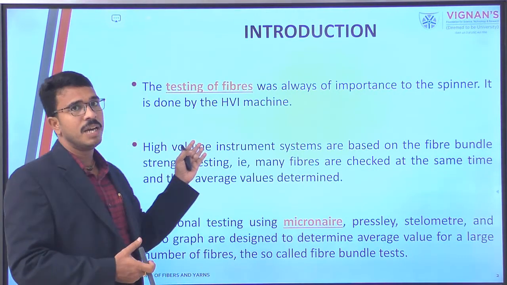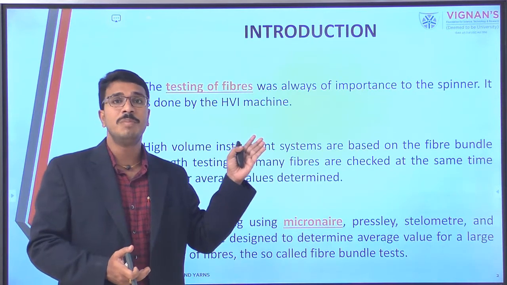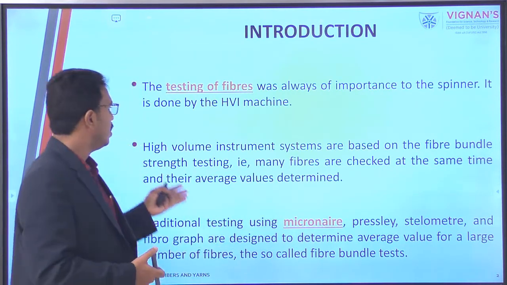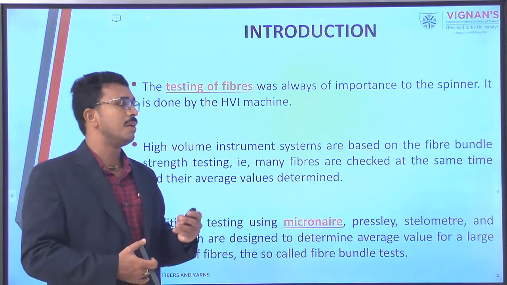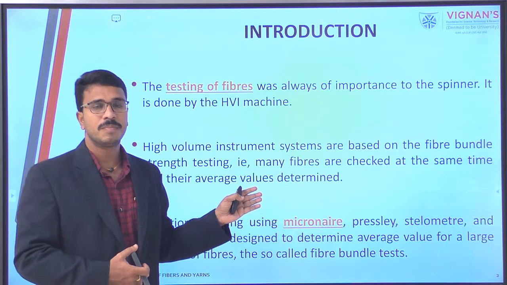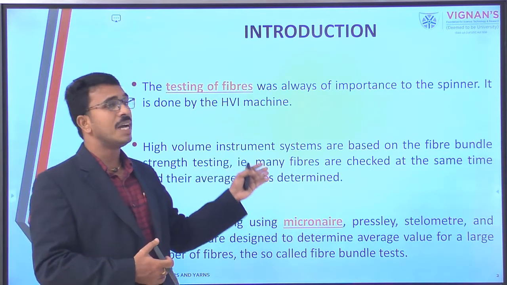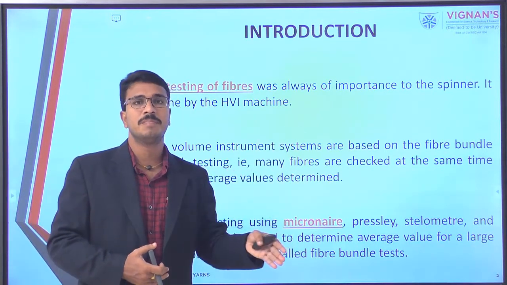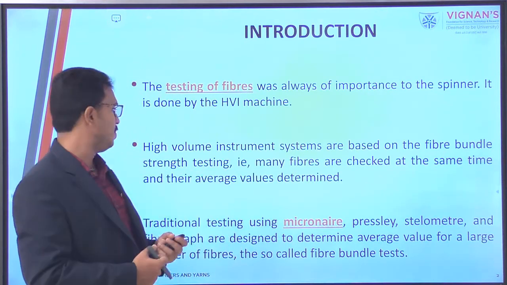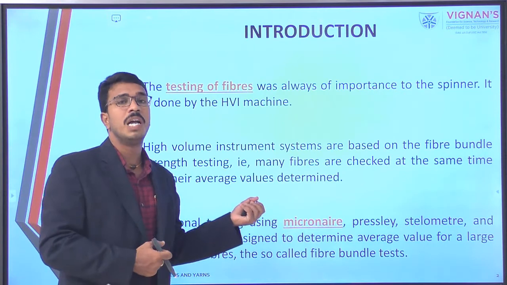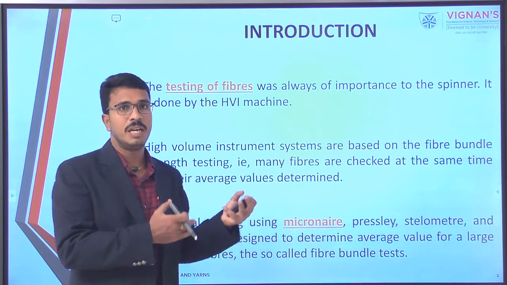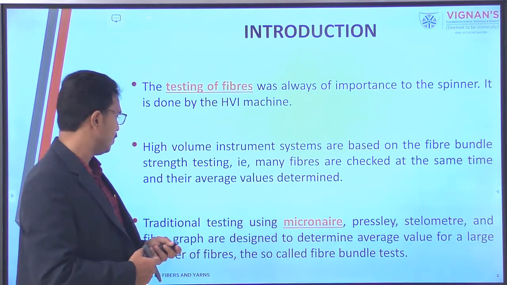High volume instrument systems are based on fiber bundle strength testing, that is, many fibers are checked at the same time and their average values can be determined. That is where the need for this instrument comes in.